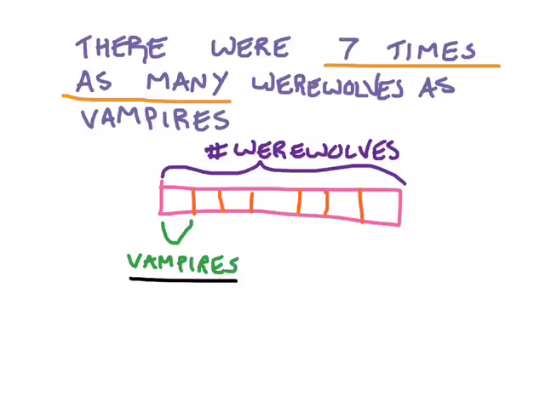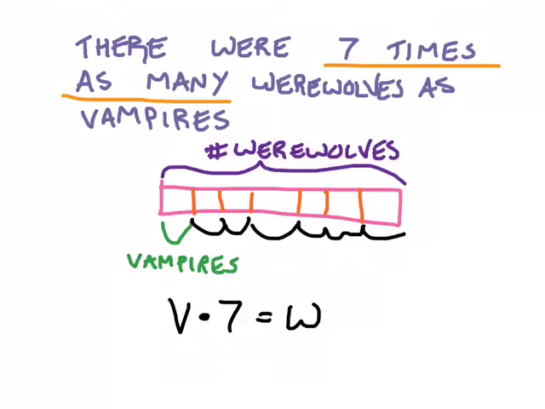I could look first at vampires and say, well, if I wanted to make it so there were as many vampires as there were werewolves, I'd have to take the vampires and multiply by 7 to be equal to the number of werewolves, because 7 sets of vampires would equal the number of werewolves.